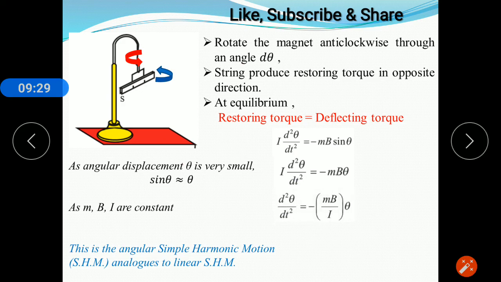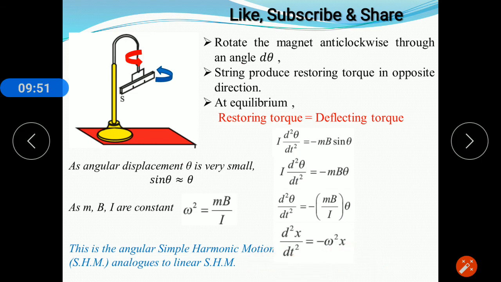But m, B and I are constants, so consider this constant as omega square, which is nothing but the angular frequency squared. So omega square is mB by I. Put this value here, we get d square theta by dt square equal to minus omega square theta. This equation is nothing but the simple harmonic motion equation.